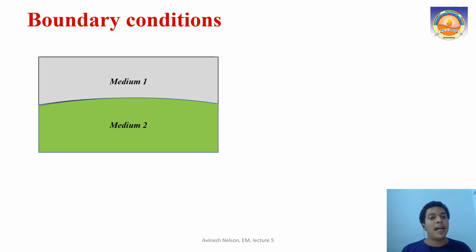Like I have a medium 1 where my electric field intensity is E1, and I have another medium where my electric field intensity is E2. So what can we say about this interface between two media? What will be the electric field at those points, on the surface between the two media? That is what we are going to discuss.